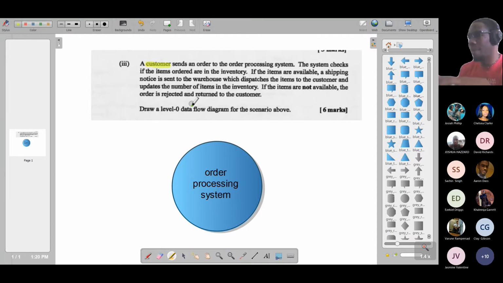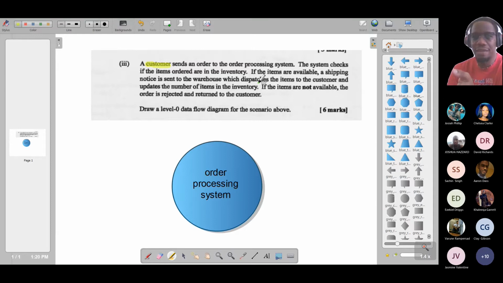I am making the assumption that the warehouse is owned by the system, which makes the warehouse part of the system. And if you all want, maybe we can do this later on with the warehouse not being part of the system, right? If the items are not available, the order is rejected and returned to the customer.